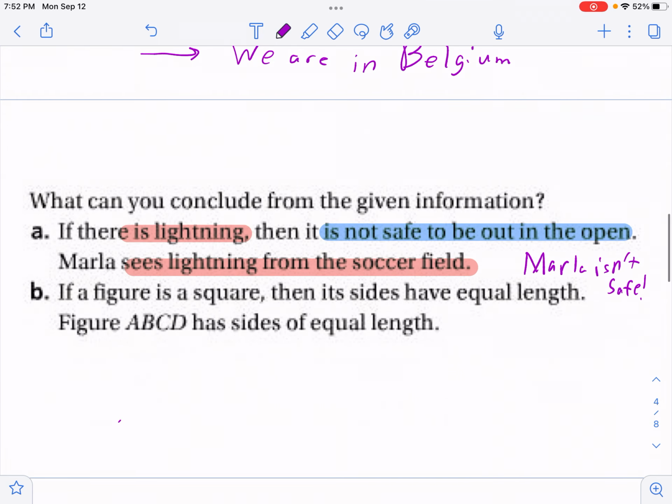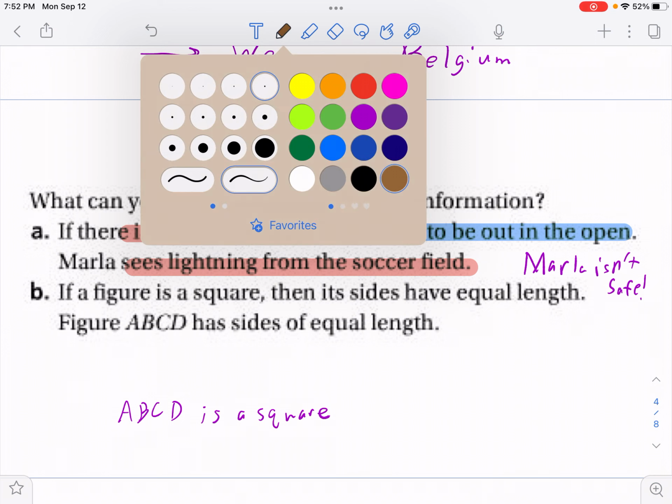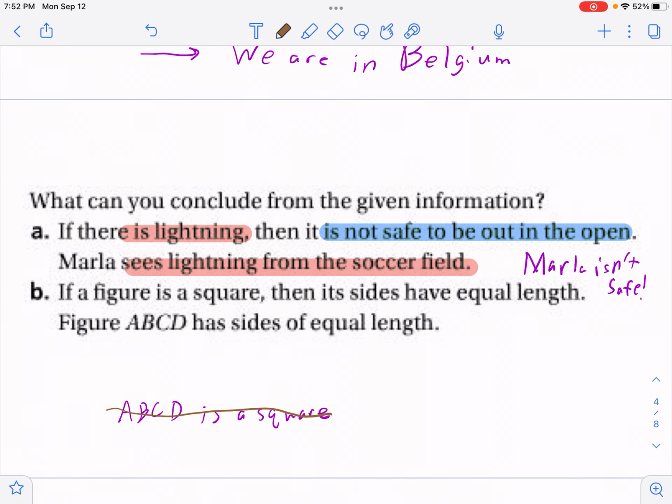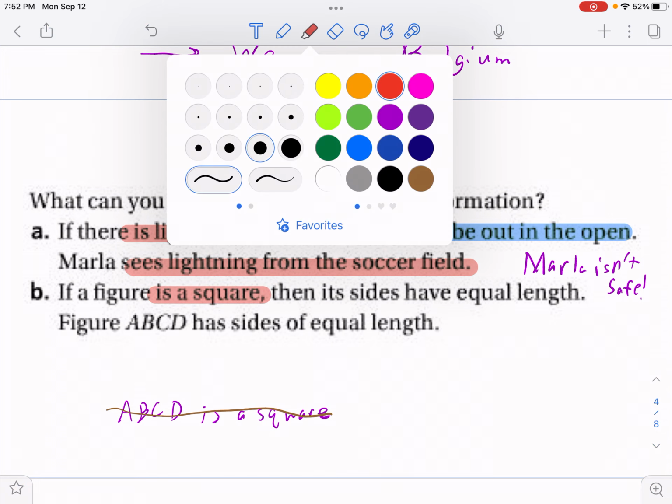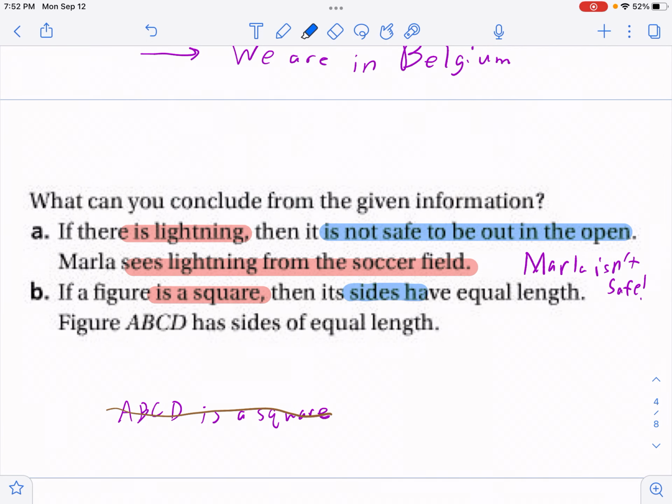I'll bet you said ABCD is a square. But if you said that, that's incorrect. Why? How could that be incorrect? Well, here the hypothesis is that it's a square, and the conclusion is the sides have equal length.